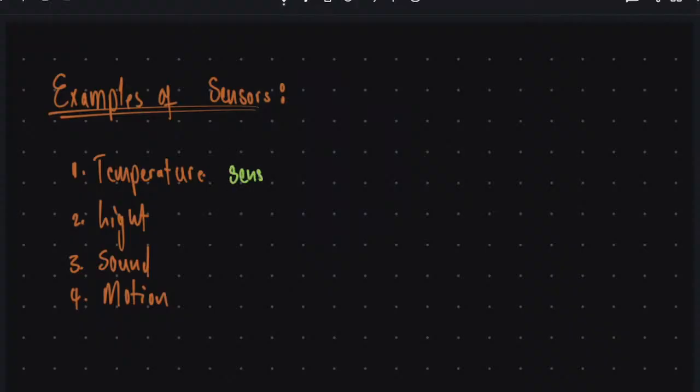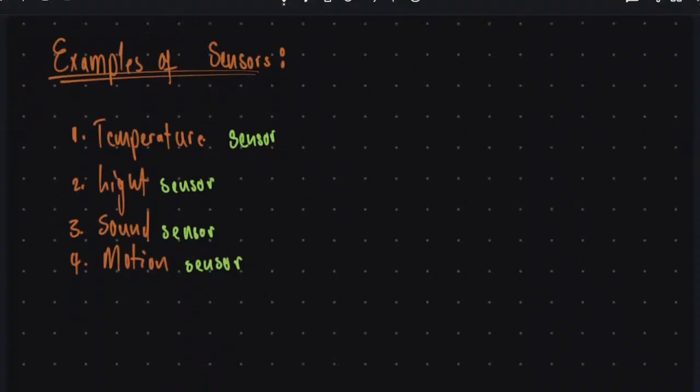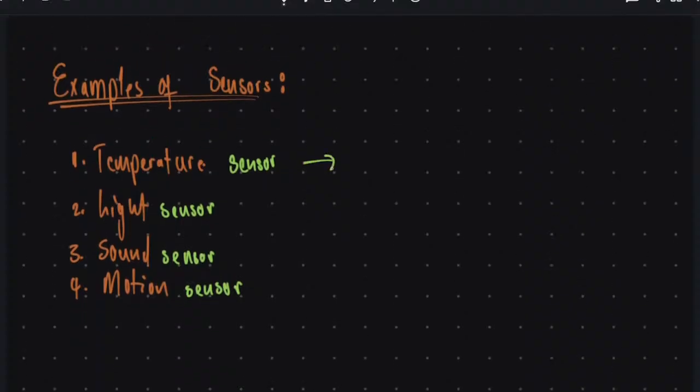There are many types of sensors. There's a pH sensor, which checks the acidity of something. Is something an acid or is it not? Here we have light sensor, sound sensor, motion sensor. What do these ones measure? The temperature sensor, of course, measures temperature, and it's like, the temperature is too high.